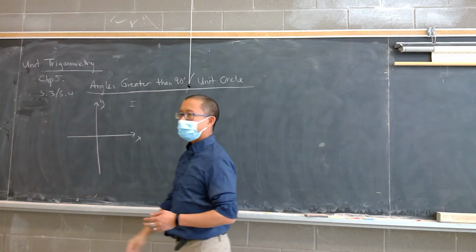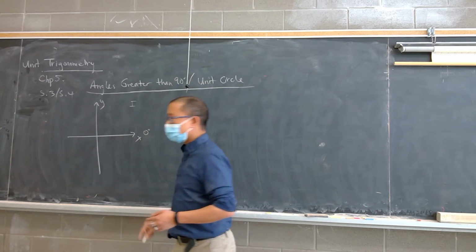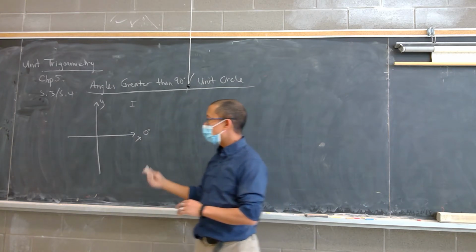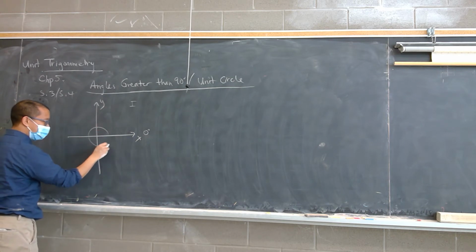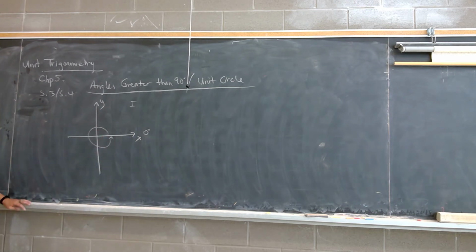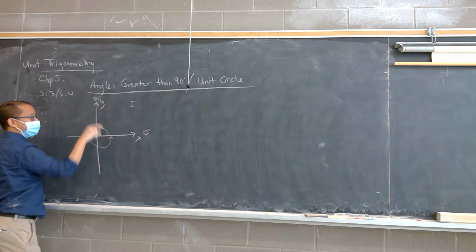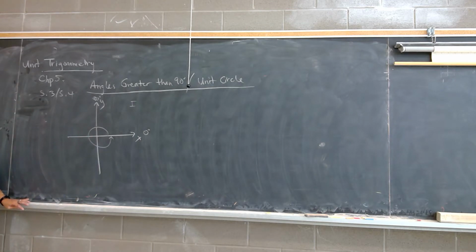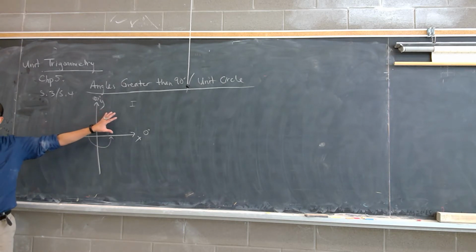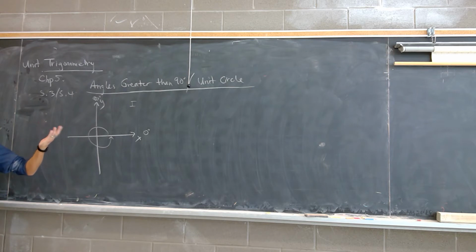To illustrate what I'm talking about, if we put 0 degrees here, a lot of you understand that if I start rotating counterclockwise, like so, this angle from here to here is 90 degrees. Everyone agree? So we've been dealing with questions only in here because that's what we've been drawing. We've been drawing right triangles.